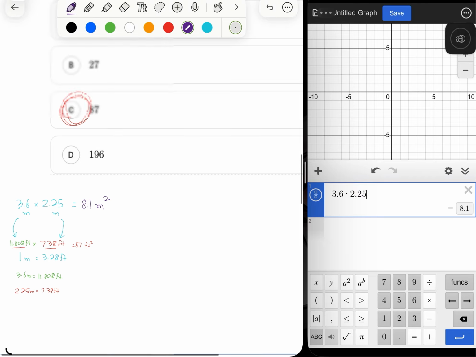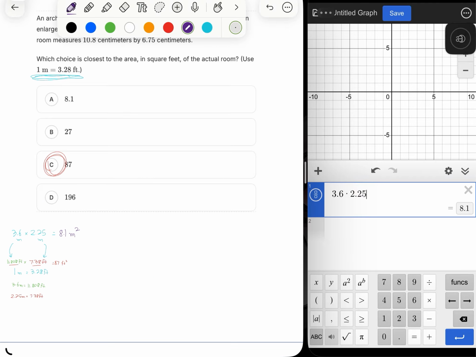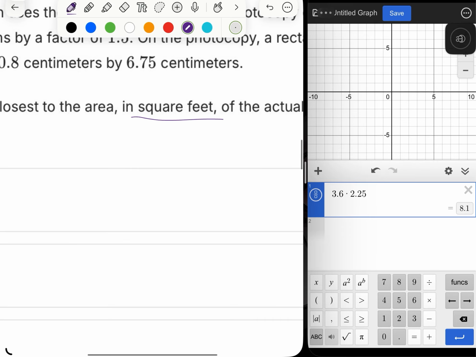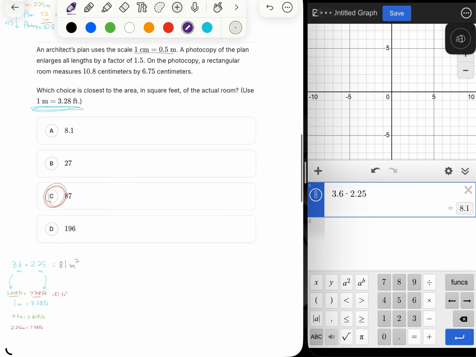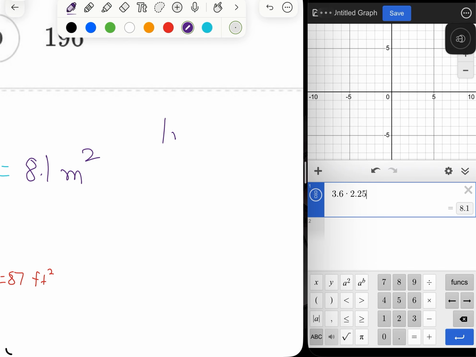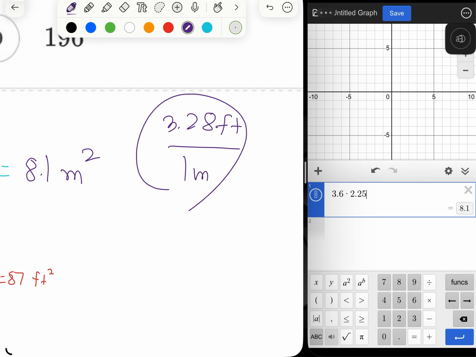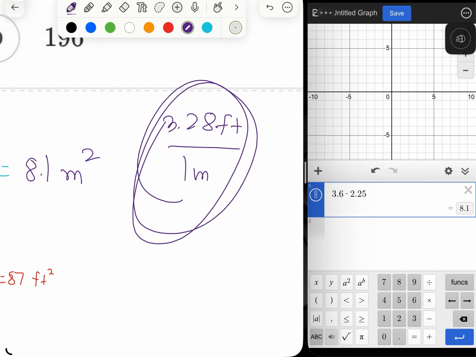And what you can do is use factor labeling to actually get your answer in square feet right away. So if you know that 1 meter equals 3.28 feet, 1 meter is 3.28 feet. You can use this ratio here.